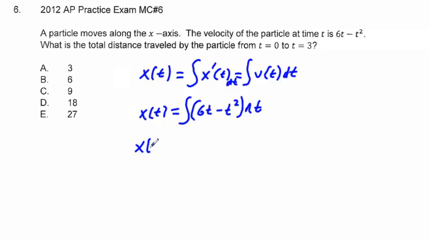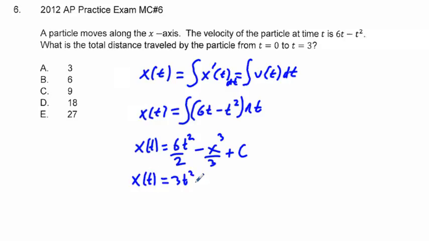So x of t, taking this integral, we have 6t squared divided by 2 minus t cubed divided by 3 plus C. The constant of integration, we don't want it yet. And they don't give us anything for it, but we don't really need to know what C is. We can assume that it's 0 for these purposes. So x of t is equal to 3t squared minus 1/3 t cubed.